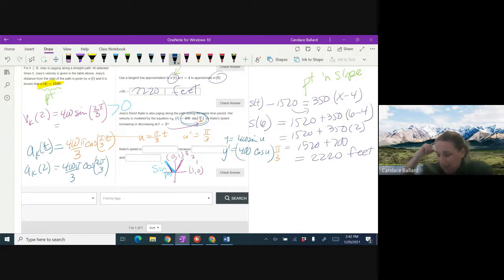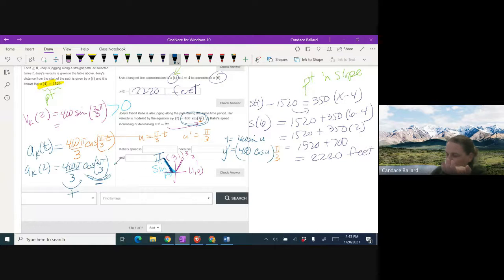So let's think about that. In this quadrant right here, what do we know about cosine? In quadrant 2, is cosine positive or negative? What do you guys think? Yeah, it's negative. So that means that this is a negative number, and this is a positive number.